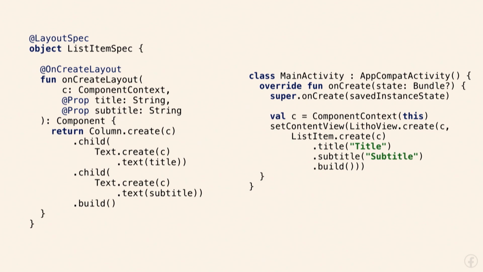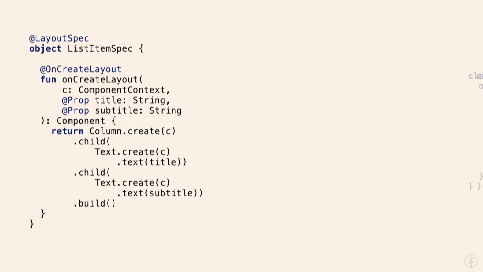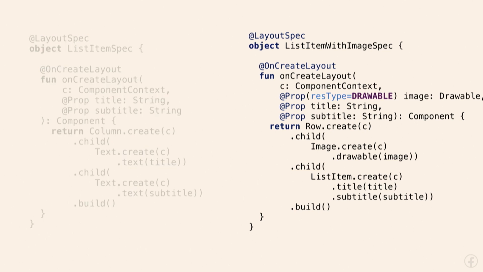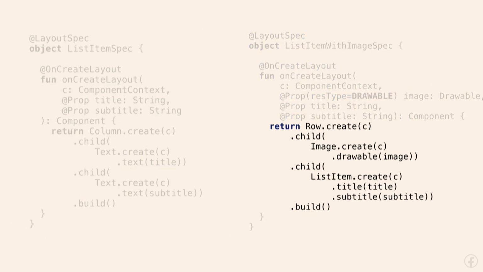Also, you may use composition to build your UIs. That's an example of how you can trigger laying out in an Android view using this component. But you can also use this inside another Litho layout. That's a list item with an image view and two texts. Here you can see that we create a row. That's like a horizontal linear layout, also a flexbox primitive built into Litho. And we pass two children.